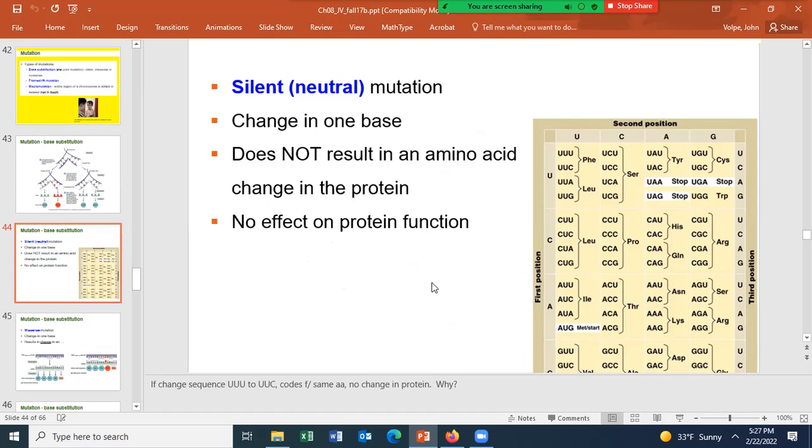There's a silent mutation where a nucleotide in the DNA gets changed, but the codon still codes for the same amino acid, like UUU codes for phenylalanine, and a silent mutation would be when this third U is replaced with a C. Well, the protein will not be changed, so we call this a silent mutation. It has no effect on the protein function. Any question about that?